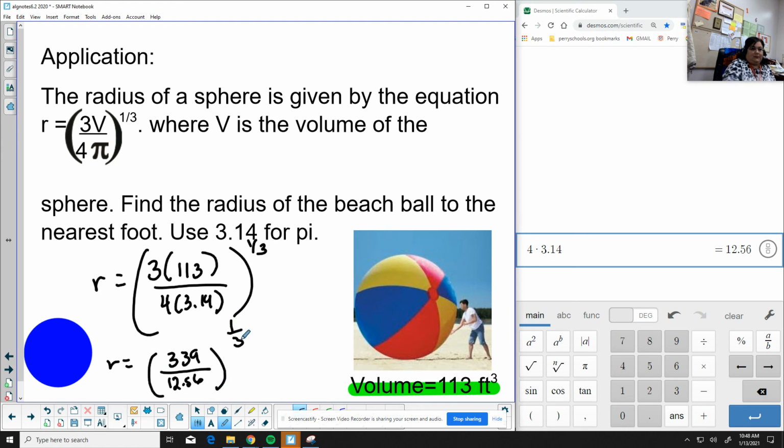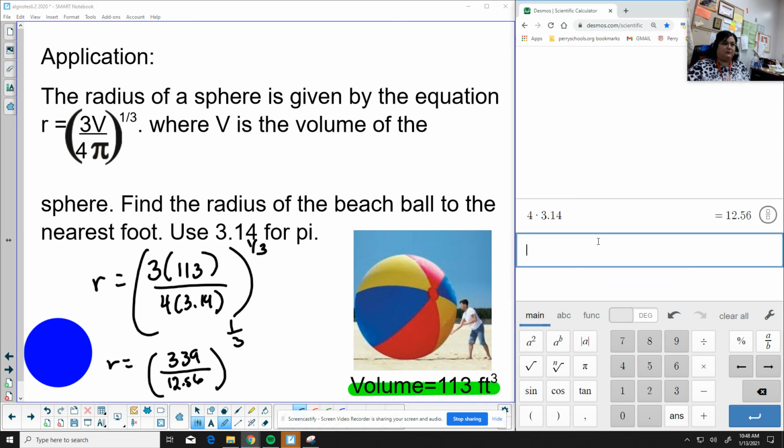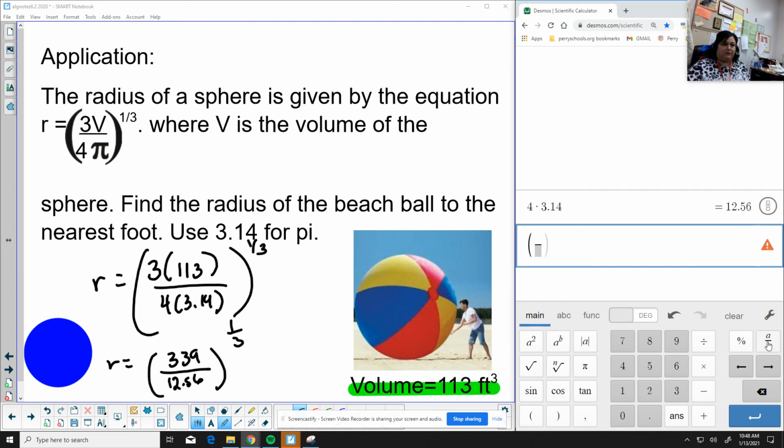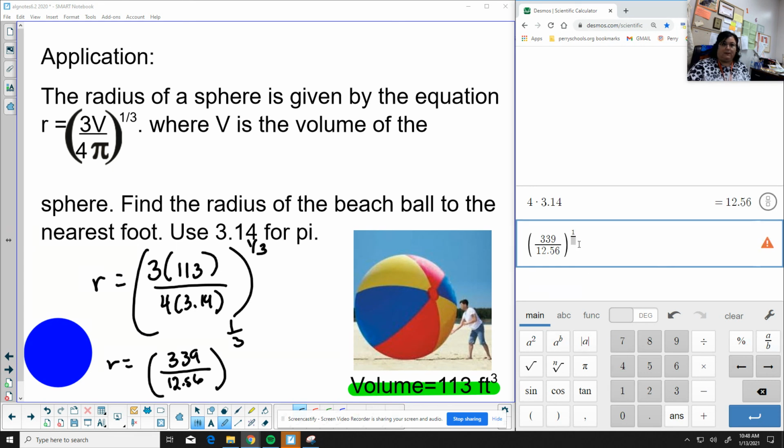And I'm raising it to the 1/3. So now I'm going to try to put this monstrous fraction in there. So we need a new one. So parenthesis, and then we'll start with a fraction. So 339, parenthesis, 12.56, second parenthesis, and then we're raising it to the 1/3.